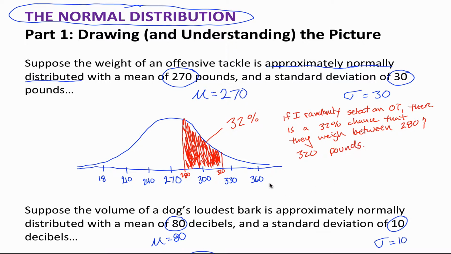The first interpretation is, this tells you the probability, if you grab one of these things, offensive tackles in this case, at random, the probability that they'll weigh between 280 and 320 pounds.